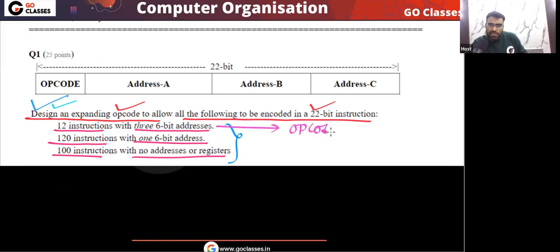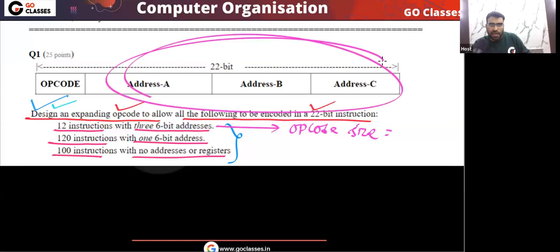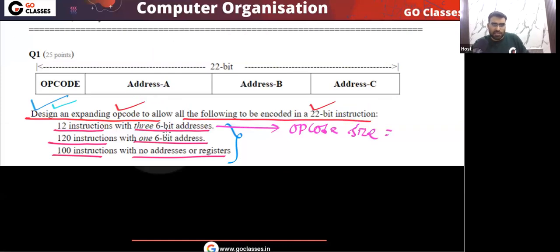Here, what is the opcode size? For the 3 address instruction, you have three 6-bit addresses. So what is the opcode size? If you have three 6-bit addresses, then the opcode size will be 4 bits, because this is the instruction size.